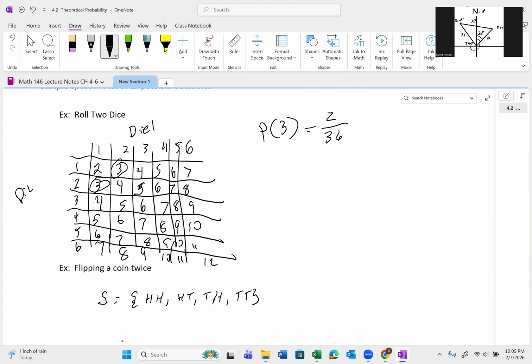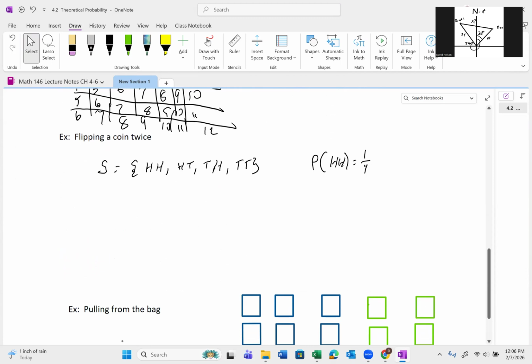So there are 4 possible outcomes in our sample space, and we like those to be equally likely, and I would assume those are equally likely. And so the probability of you getting 2 heads would be 1 out of 4. That's happening once out of the 4 options. So you want to list out your sample space. Sample space is the list of all your possible outcomes.